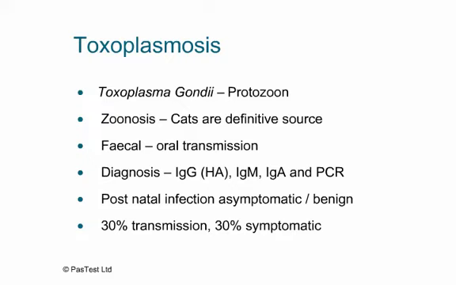Diagnosis is tricky, but has been made easier with the wider availability of PCR-based techniques. PCR can be performed on the blood of the mother, the blood of a newborn baby, and also on the amniotic fluid.